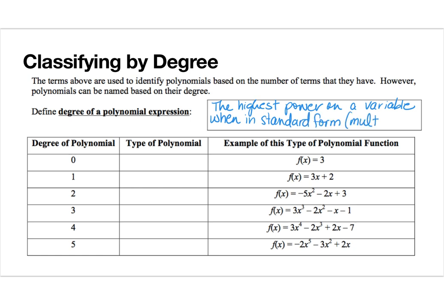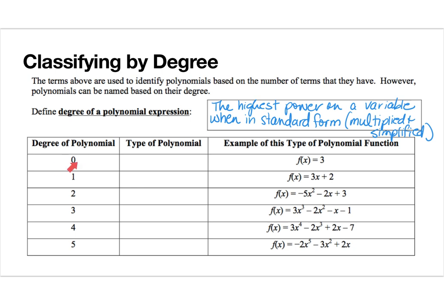In other words, all multiplied and simplified. And they have special names, some of them. So again, we can classify based upon the degree, the highest exponent in my polynomial. So let's look at the names for each of these types.